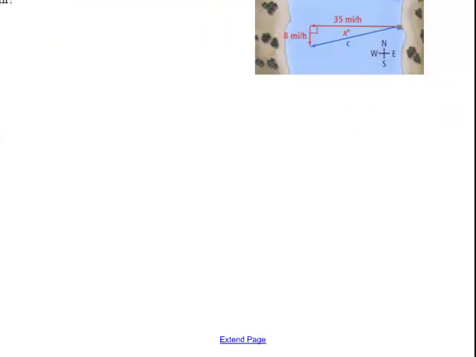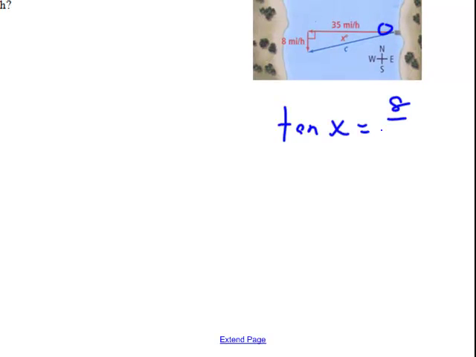Number 17. I want to know the boat's direction and the boat's actual speed. To find the boat's direction, I would say according to x, which is this angle right here, that the tangent of x is equal to 8 over 35.